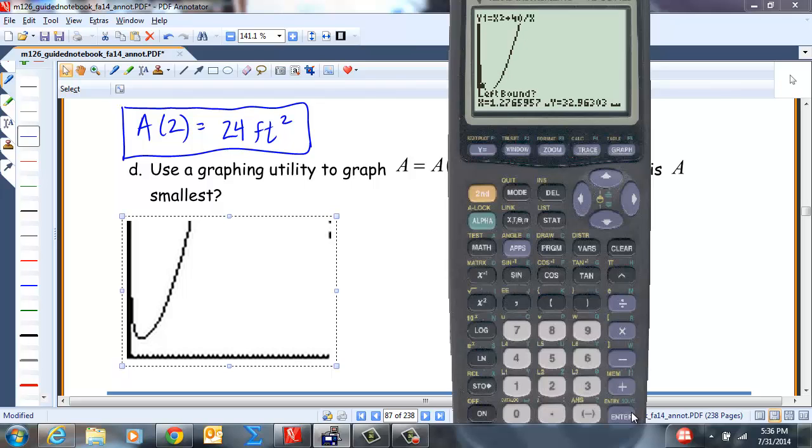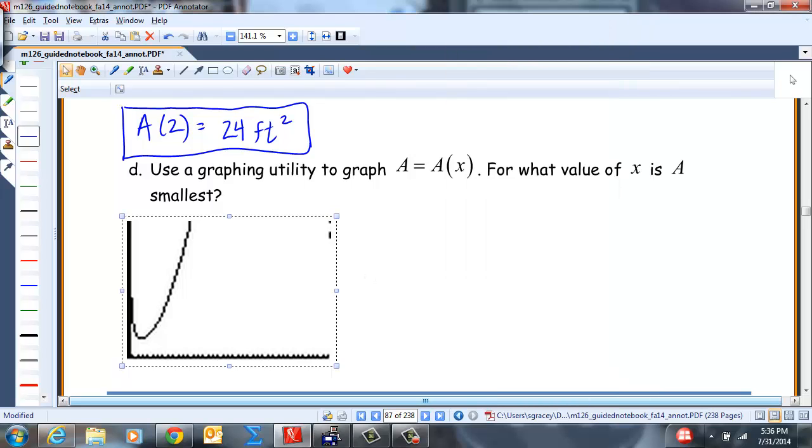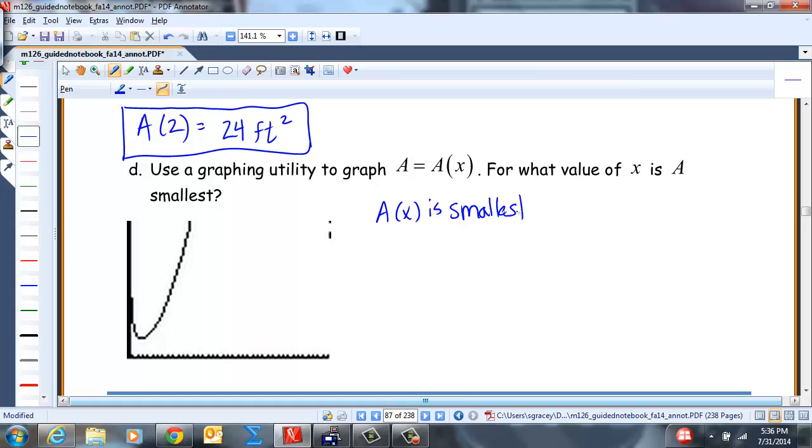There we go. Now it started going up again. And then right bound. And we get when x is approximately 2.71. The amount of material is smallest when x is approximately 2.71 feet.